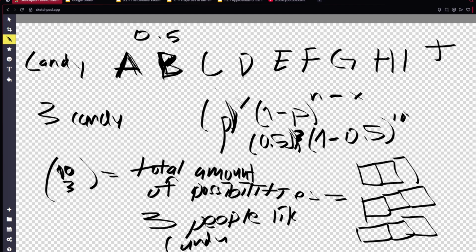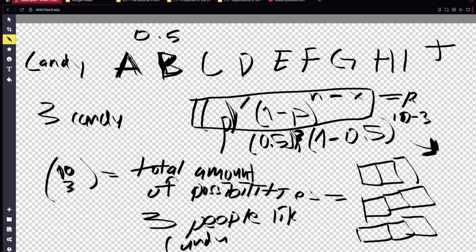And we do this by n, 10 minus 3. So this is locking in the probability that the other 7 will not like candy. And if we group this together, we come here. And simply put, this whole part right here is the probability that 3 people will like candy.